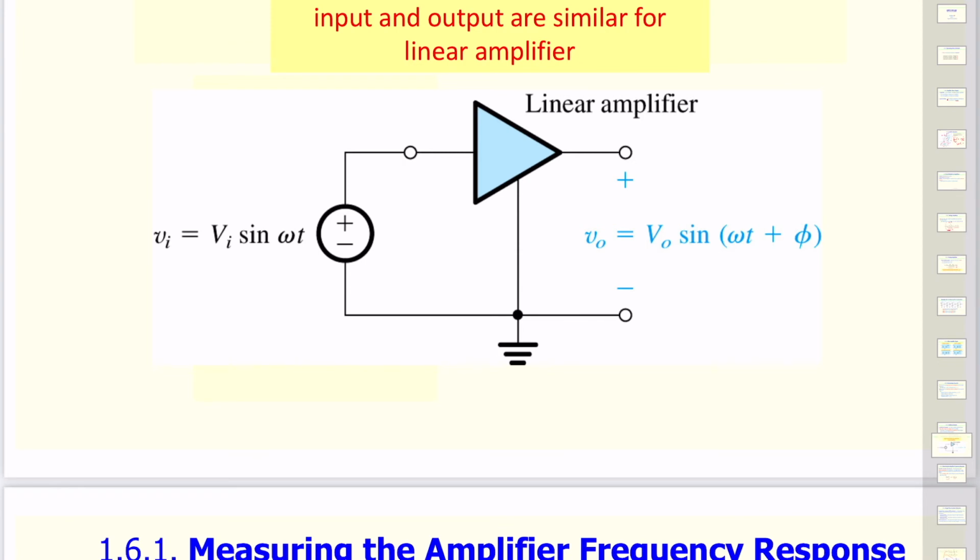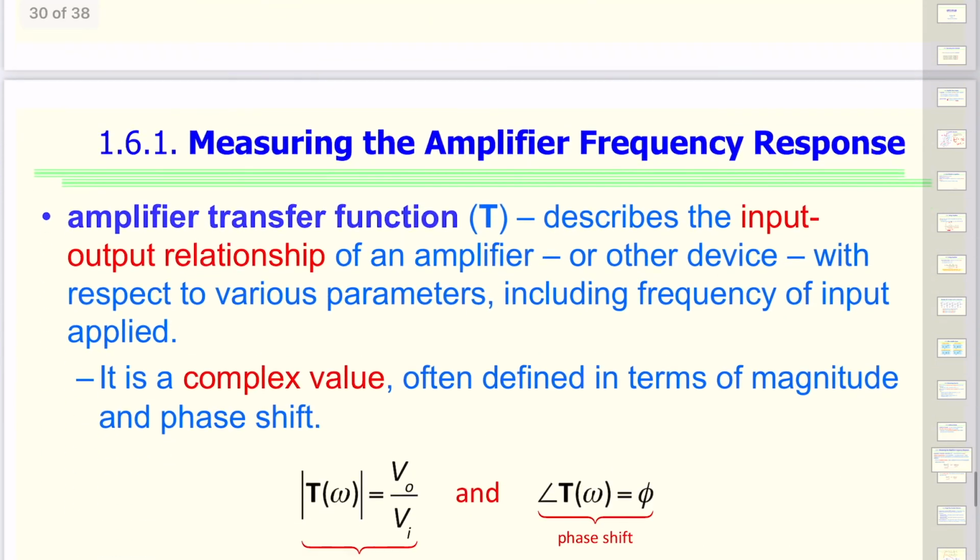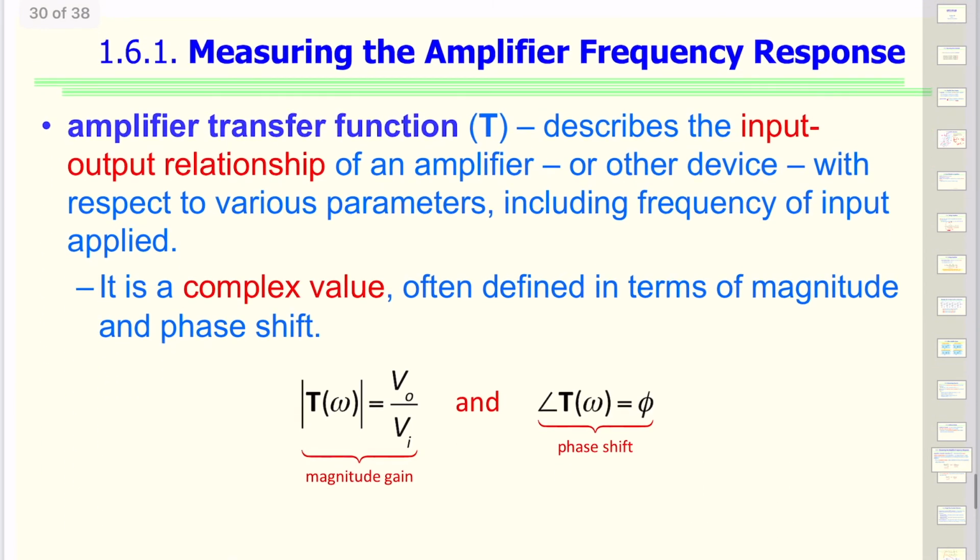So for amplifiers which respond to certain frequencies, we denote their transfer functions in a slightly different way, because now they have a frequency dependence. So the transfer function, or amplifier transmission, we write as T of omega.